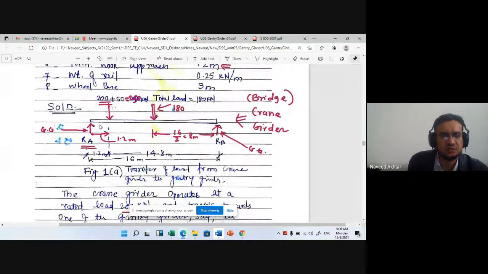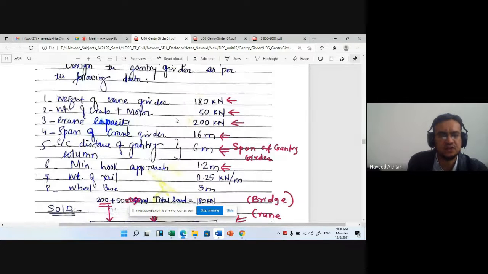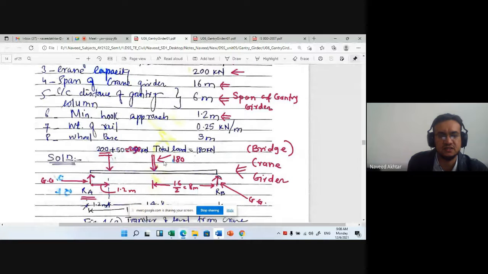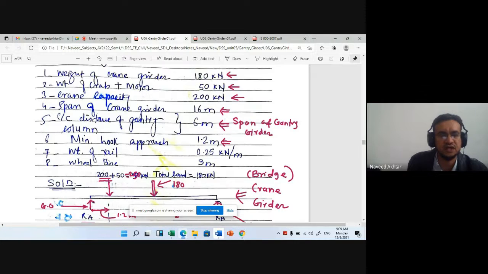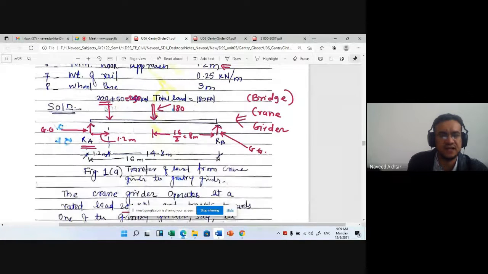So for this bridge girder, one of the wheel loads will be near to that, and the weight of the girder will act at the center. The weight of crane girder, that is 180 kilonewton, is acting at the center as a point load, and here 200 is the crane capacity and 50 is the crab.